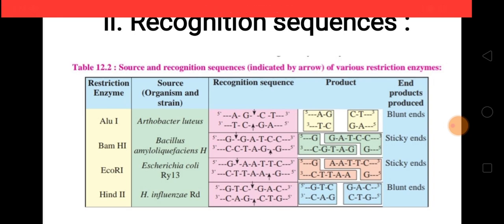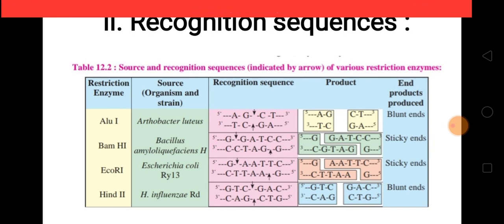Another is BamHI. It is isolated from Bacillus amyloliquefaciens H, and the end product is a sticky end. Another, the most important and commonly used enzyme for recognition sequences, is EcoRI.